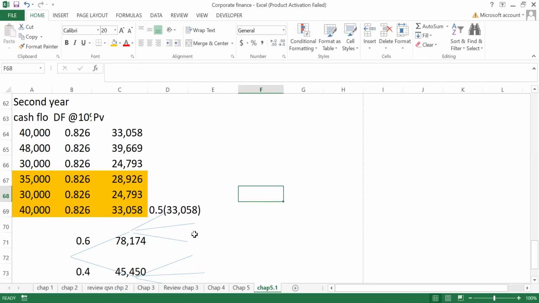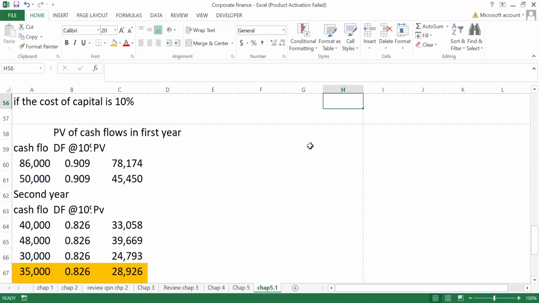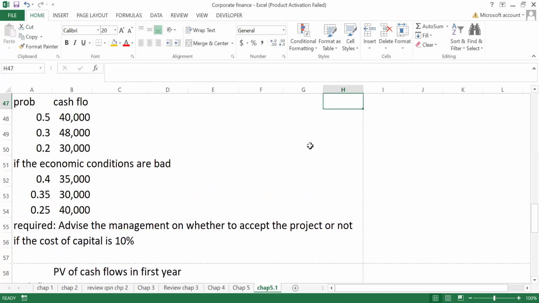And here, the probability is, oh, this one, take 0.3 and 0.2.